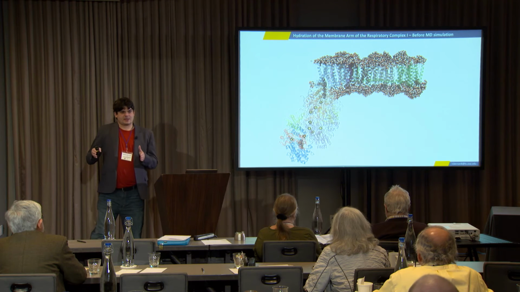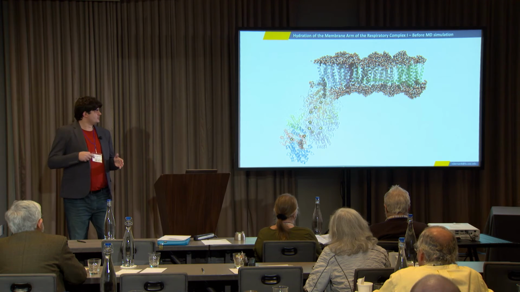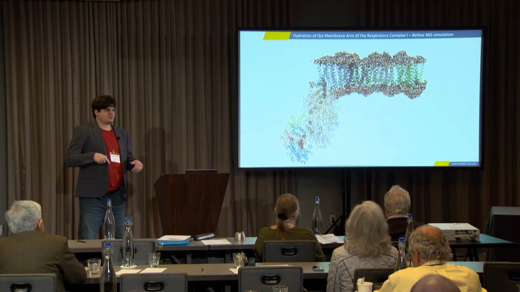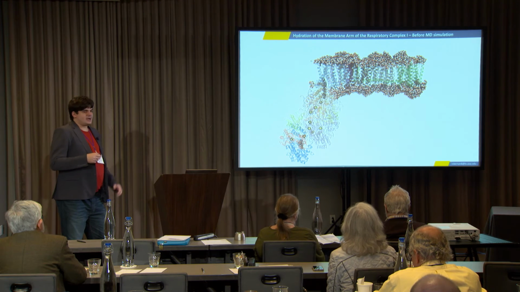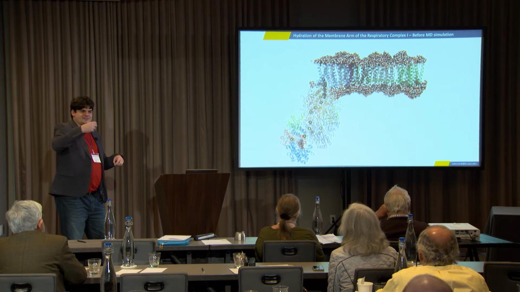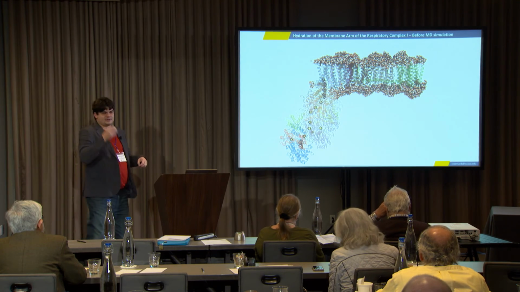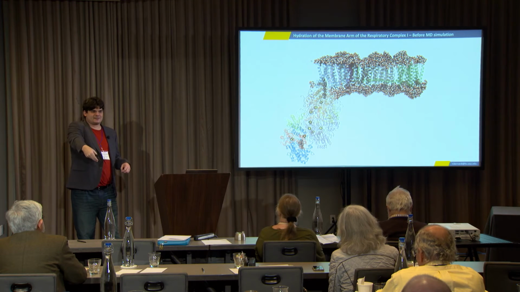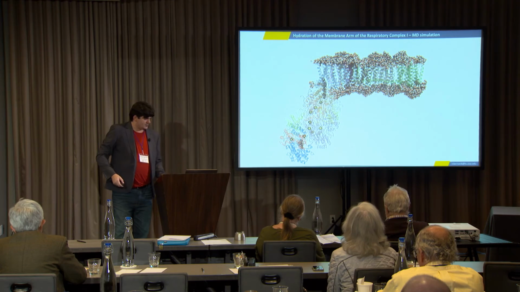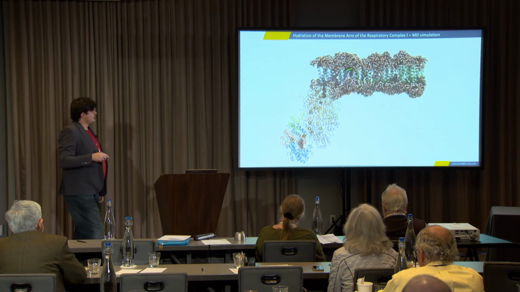For these reactions to occur, the first thing you need to do is, we kind of know the residues that are important for these proton pumps to work, but you need to hydrate them close there. Otherwise, they would not get the first proton, the first step of the reaction. So they need a hydronium in that area that gives the first proton and then starts the whole process. When we do a simulation, we can start seeing this being hydrated.